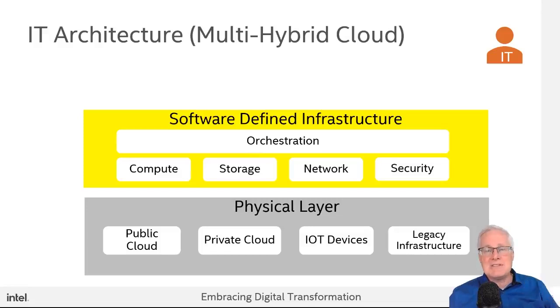I have a software-defined infrastructure that lets me easily orchestrate compute, storage, network, security, and now even new things like memory and accelerators are moving into that software-defined infrastructure layer. So this is a key aspect that you want in your common architecture, that multi-hybrid cloud foundation.